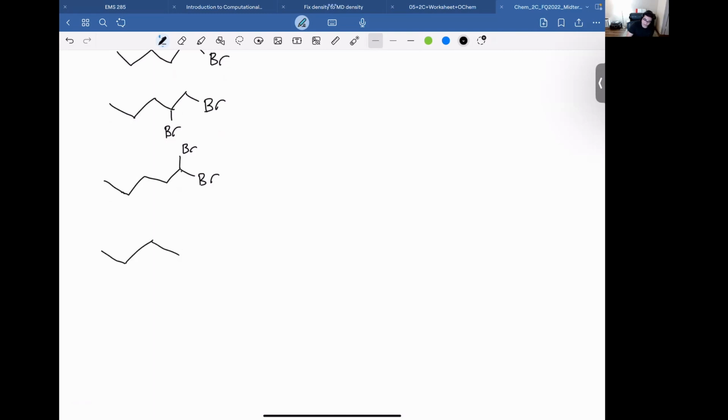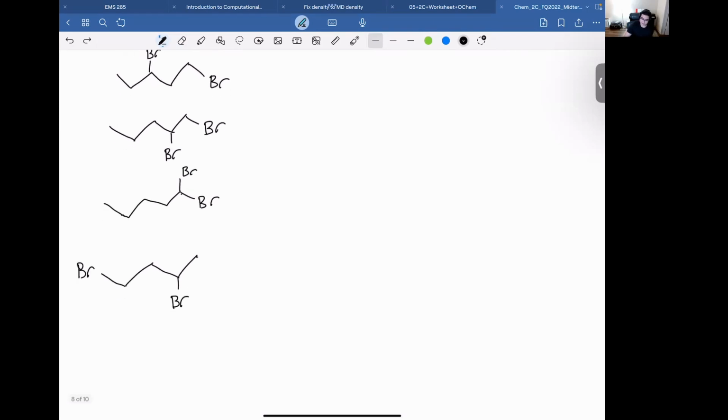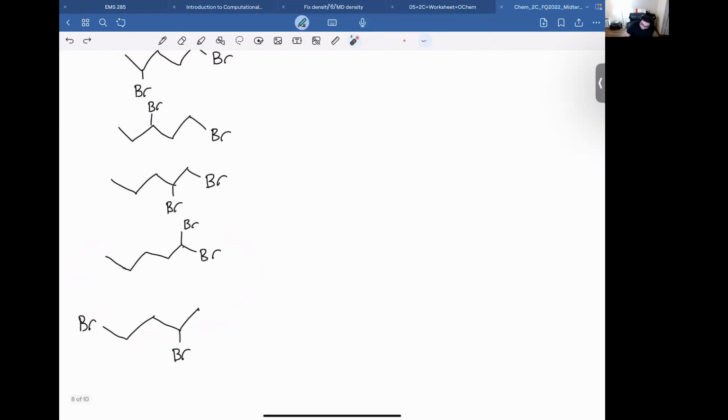So if I were to once again draw the chain, except I'm going to have bromine in the second to last position, and I'll have bromine here. So I'll fix this bromine on the right and move this one on the left. Something you want to make sure you're not doing is double counting. I want to make sure that this structure is not the same as anything else that I've already drawn.